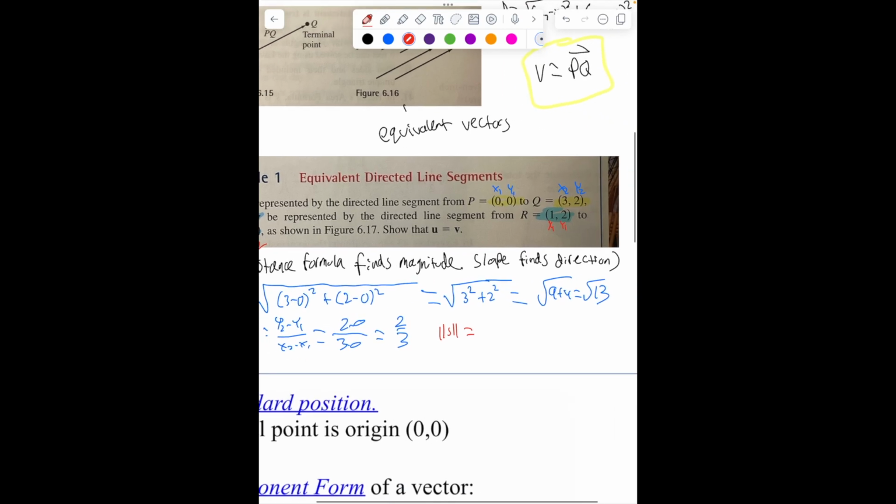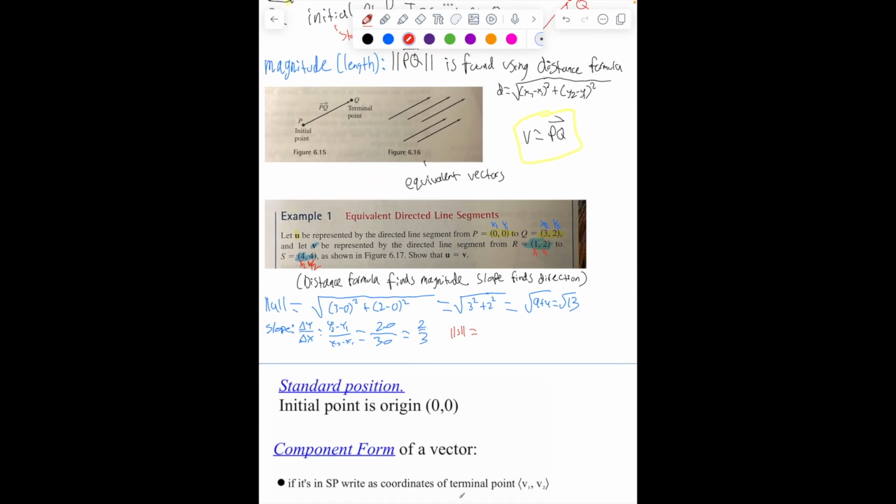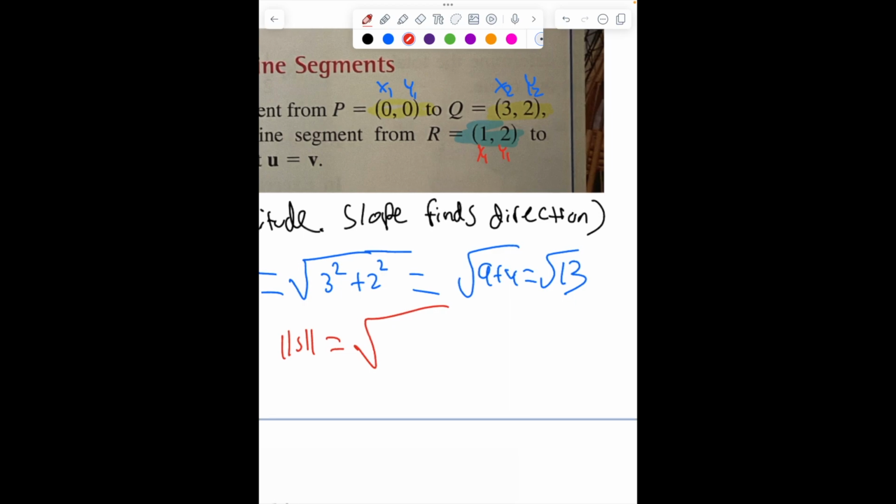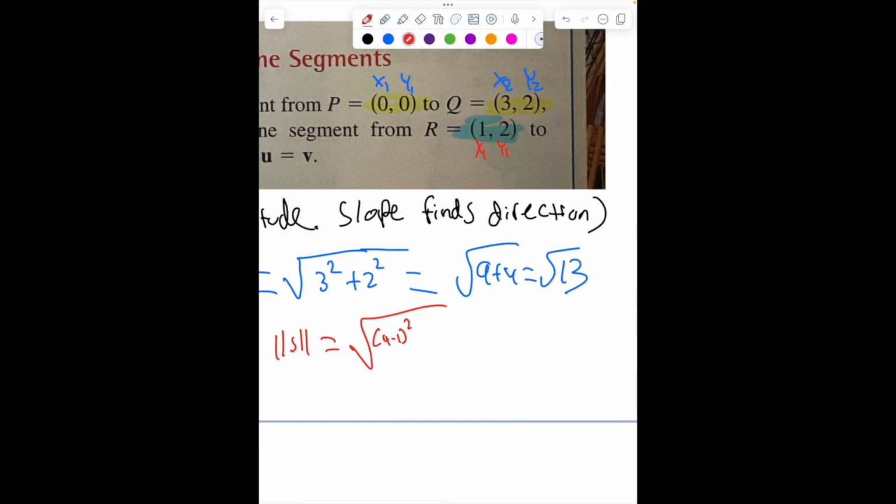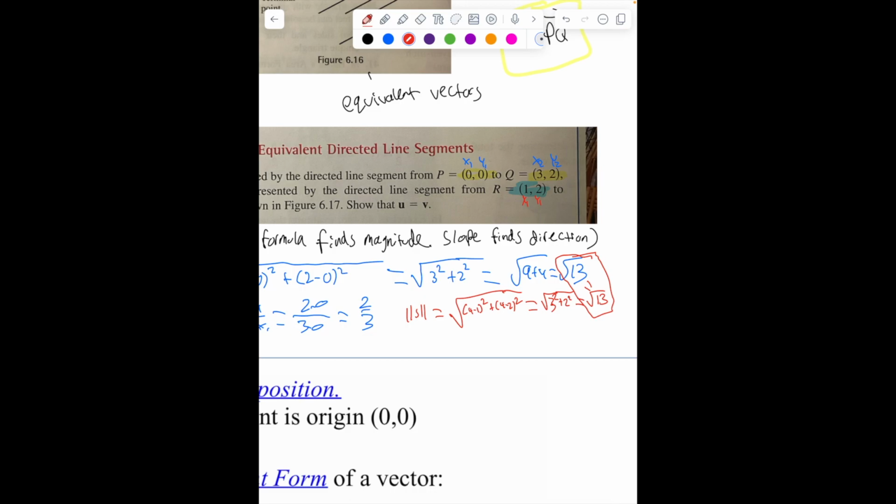Anyways, once I get my equation set up, I'm going to have 4 minus 1 squared plus 4 minus 2 squared. When we simplify that, we get 3 squared plus 2 squared. Something in your head should be going ding, ding, ding, because that's exactly what we had before. So one of the two. So far we've shown the magnitude is the same.